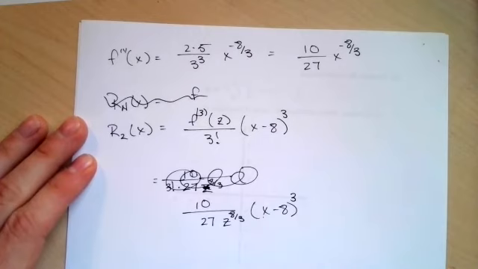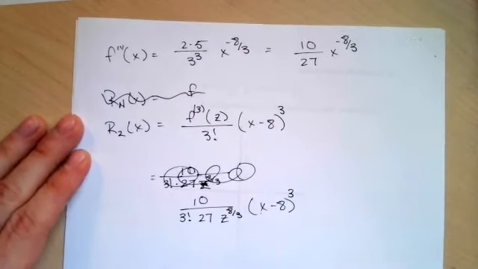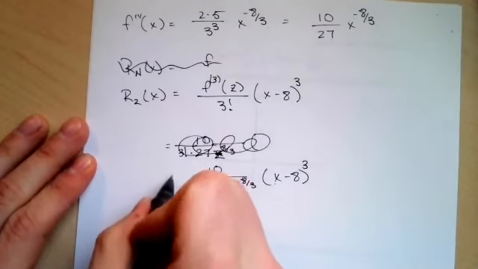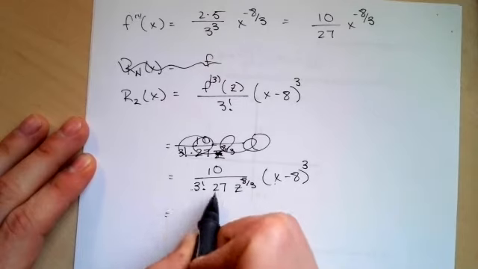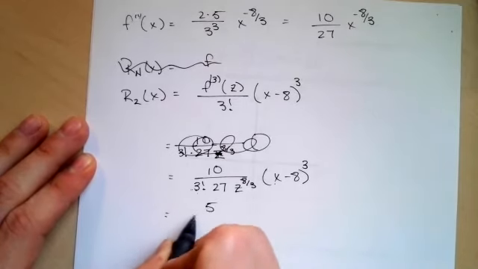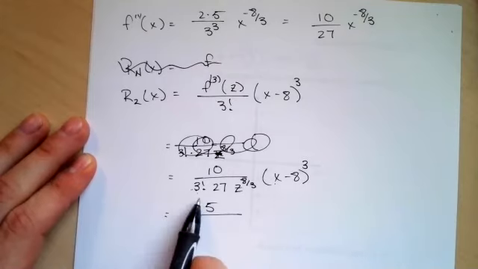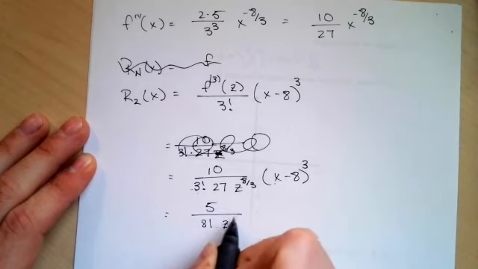So we've got a couple of variables there, and then we had our 3 factorial here. And so simplifying a little bit, 3 factorial is 3 times 2, so it'll cancel out a factor of 2 out of that 10, and then we'll have 3 times 27 is 81.